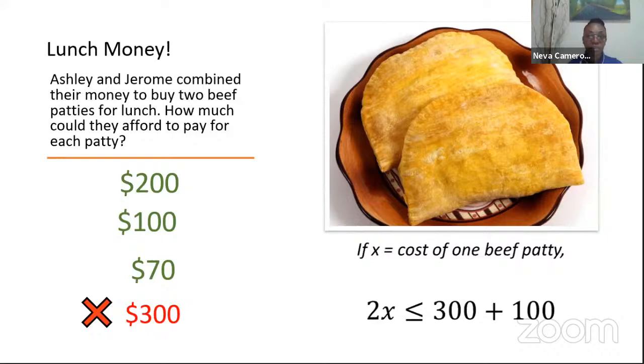So if $300 was the total cost for the two patties, then it means that the cost of one patty would have been 150. So it still would fall in the conditions that we have in terms of the total amount of money that they put together. All right, very good job, Antonio.